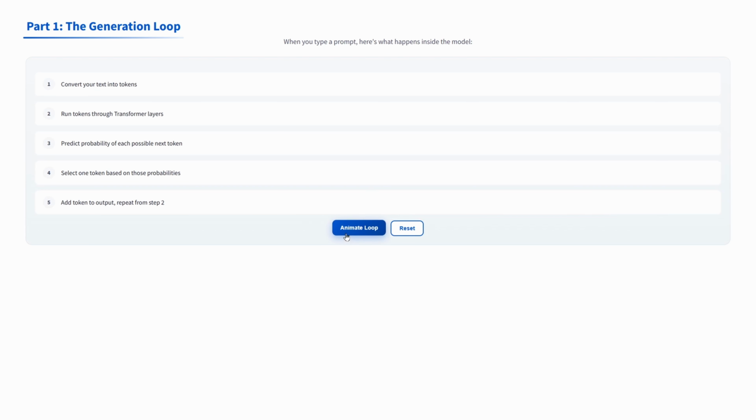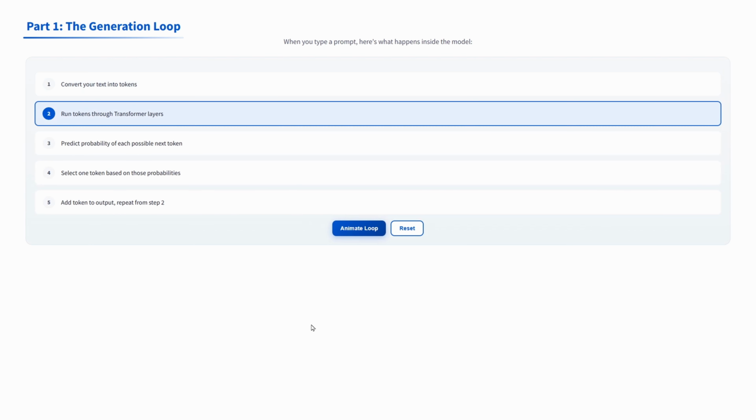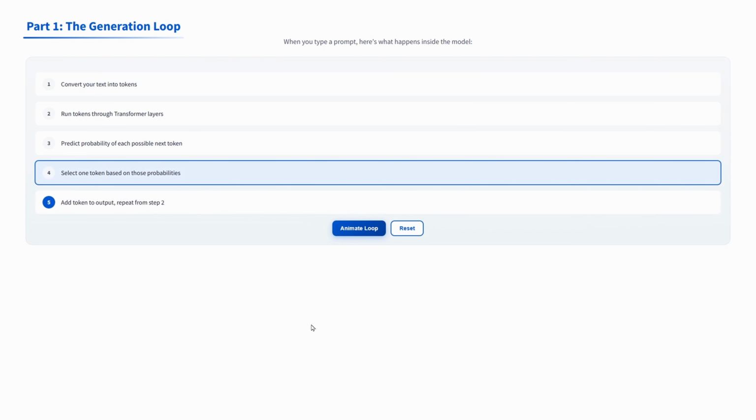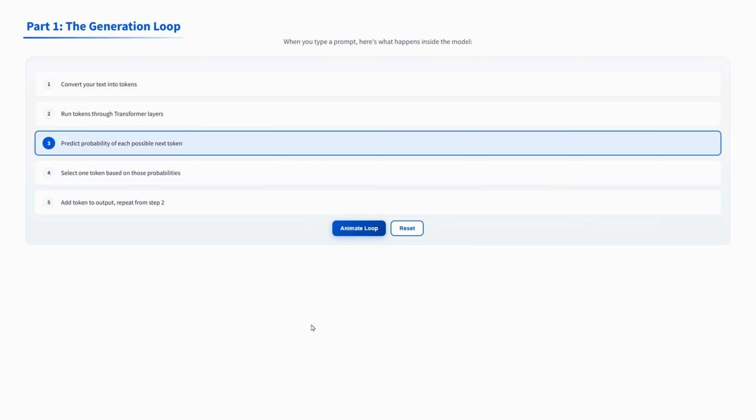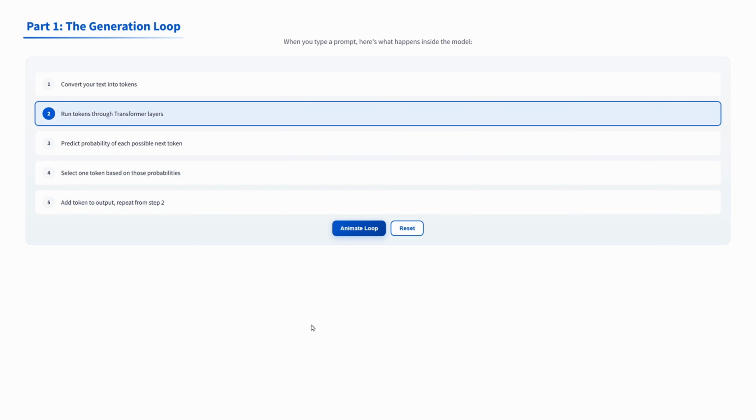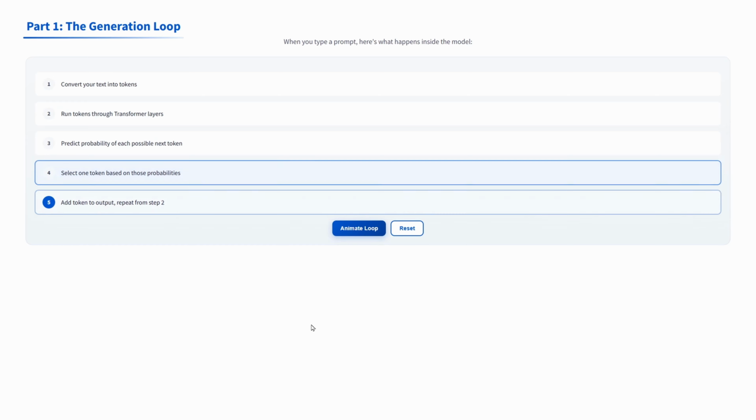When you type a prompt into ChatGPT, what actually happens? Let's look at those steps. Step 1, your text gets converted into tokens. This is the piece we talked about in our last video.